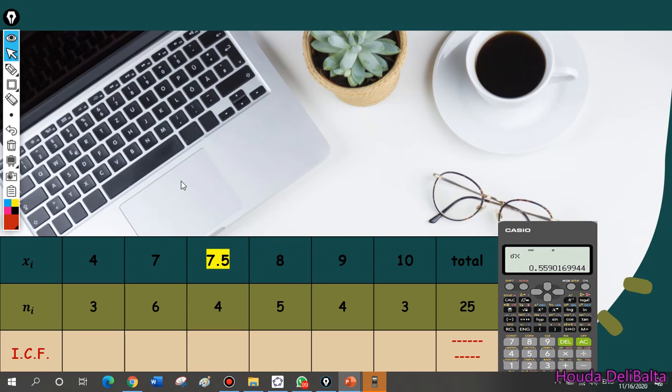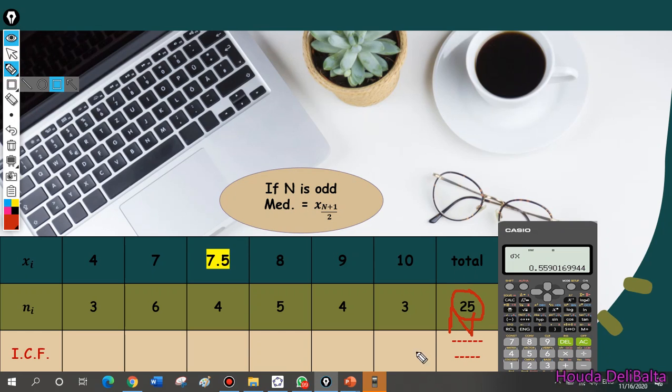Now here, as you notice, the total, which is capital N, is 25, which is odd. So we are going to apply the rule that says if n is odd, then the median equals x of (n plus 1) over 2. What's that about and how can we apply that using the numbers? So forget about this and let's use the numbers.